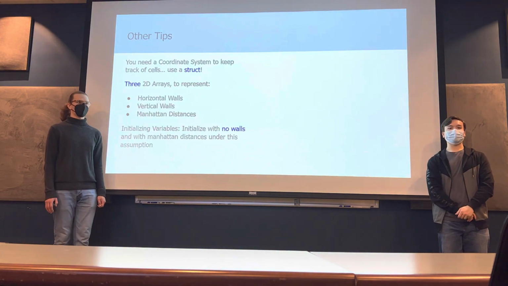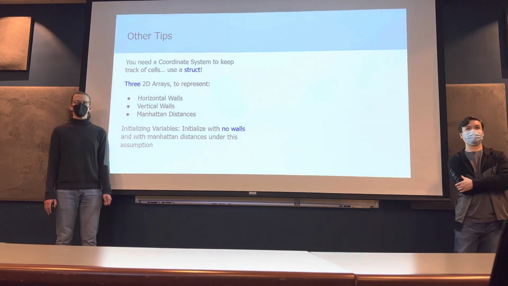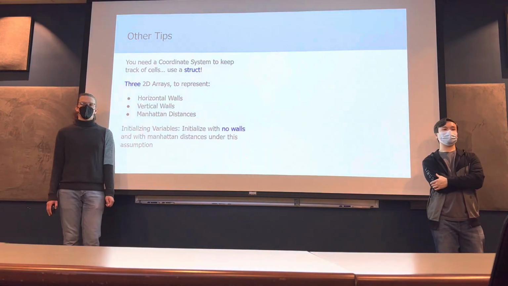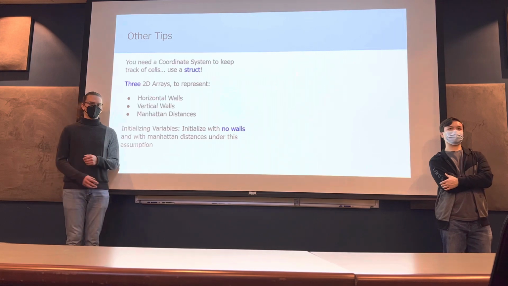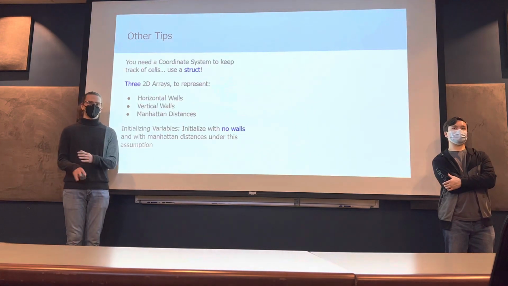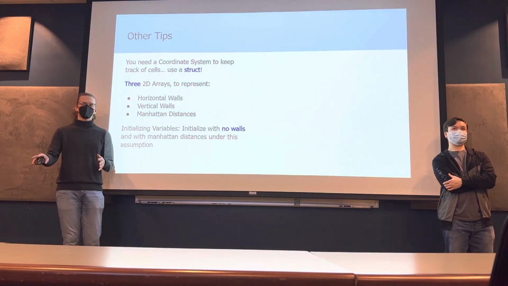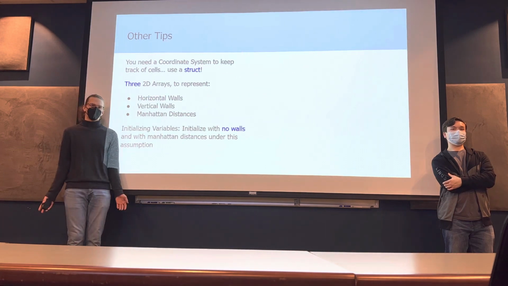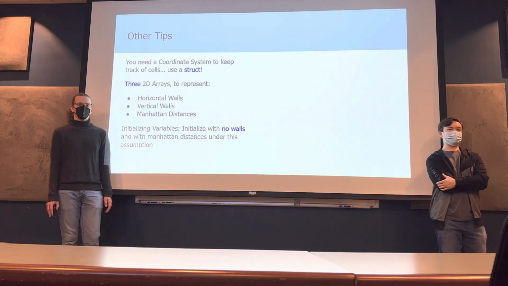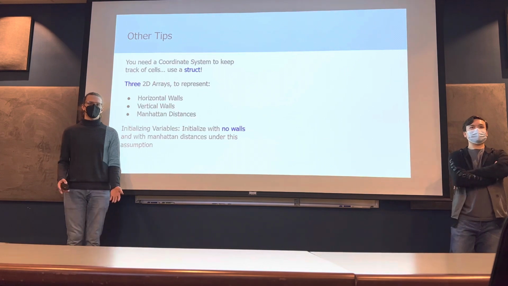Then just a few more tips that are going to help you with this assignment is that you'll need some sort of coordinate system to keep track of each cell and each wall. Where are we in the maze? So I'd recommend using a struct for that, which is in the C language.